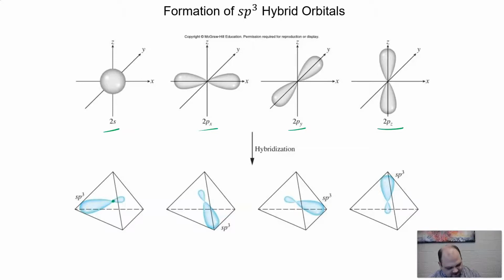One thing I want to point out is that this point here is the center atom. So that would be carbon in our CH4 case, right? And then you'd have a hydrogen at each corner that's bonding with that carbon. Okay.